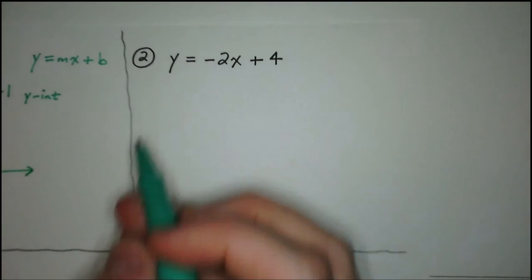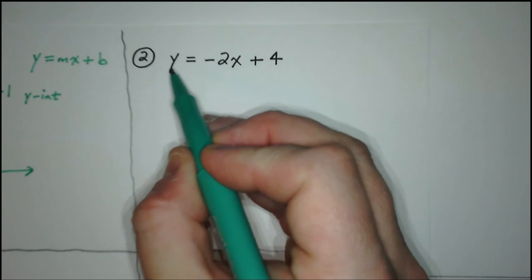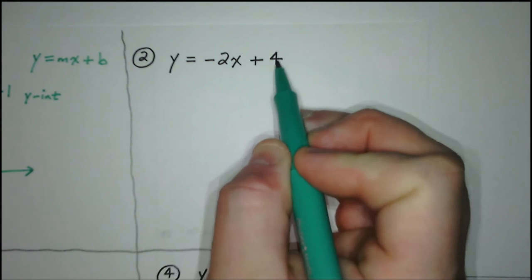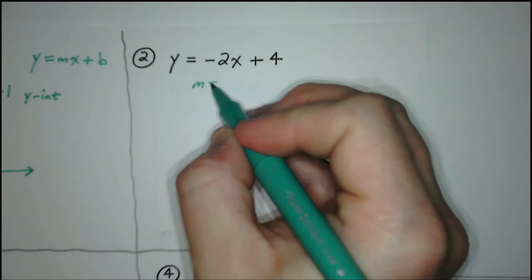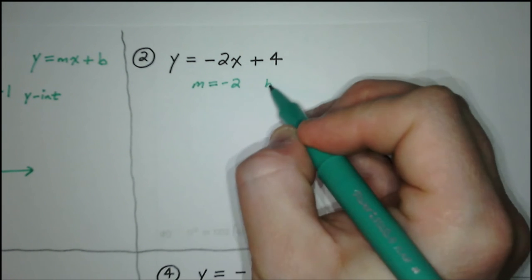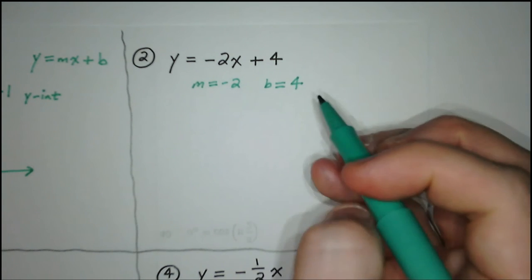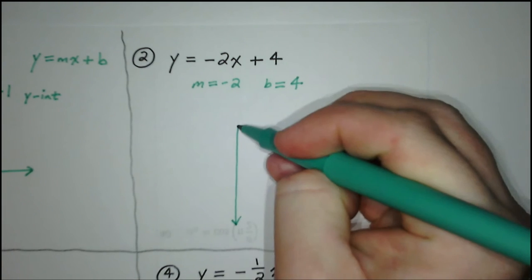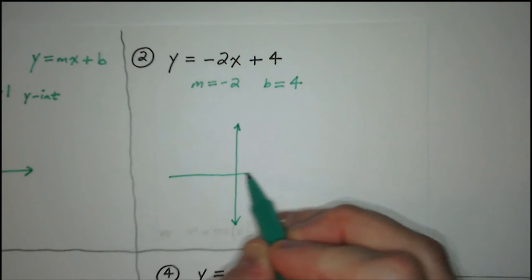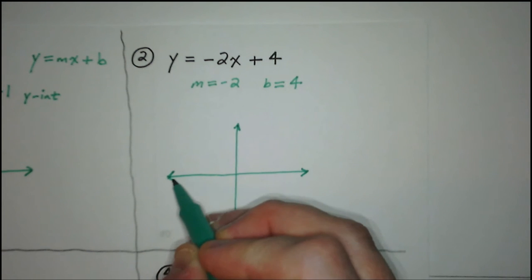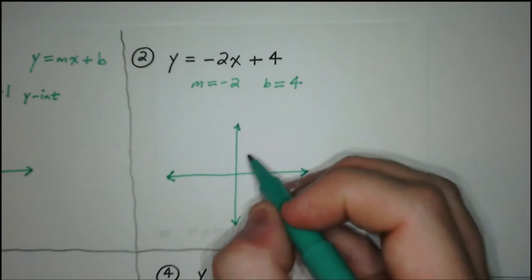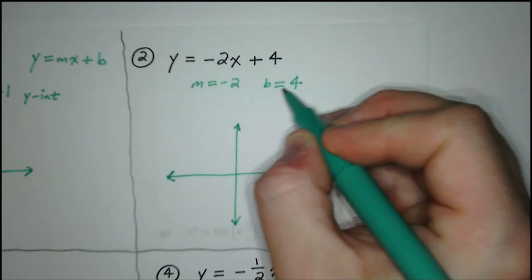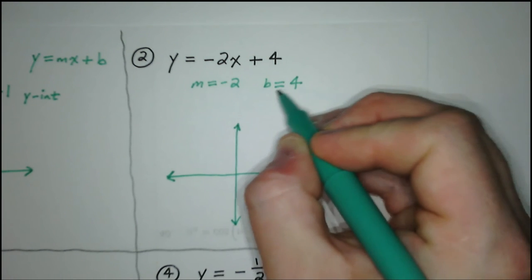Number 2, same thing. This is written as y equals mx plus b. So our m is -2 and our b value is 4. Sketch a neat little plane here. And remember, this is our y-intercept.